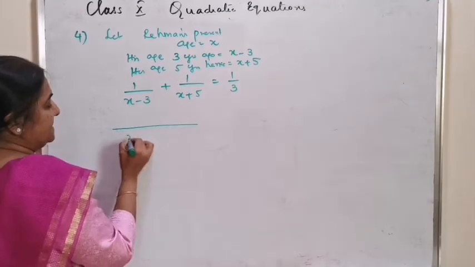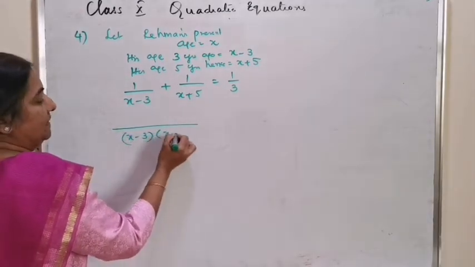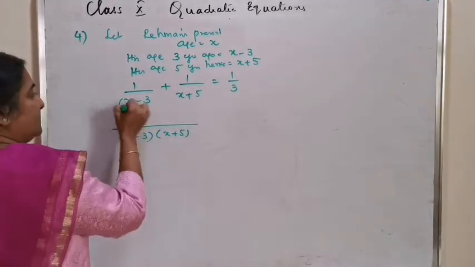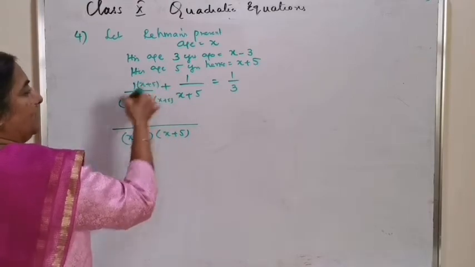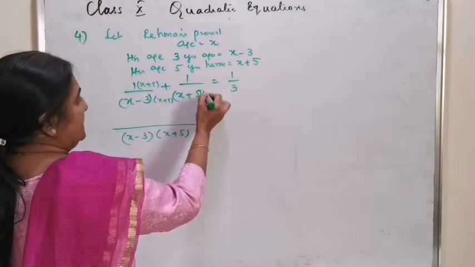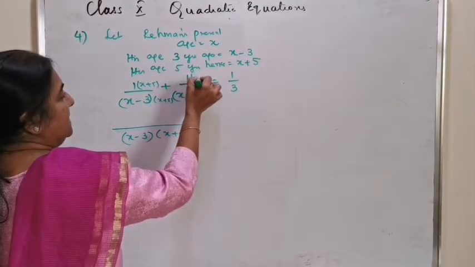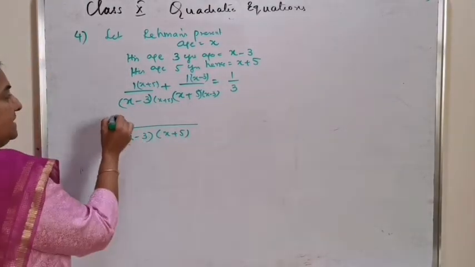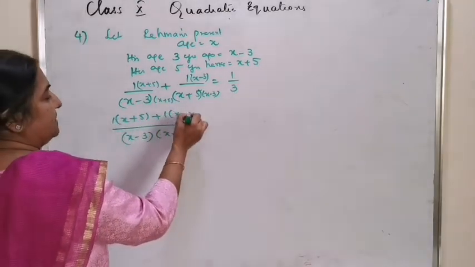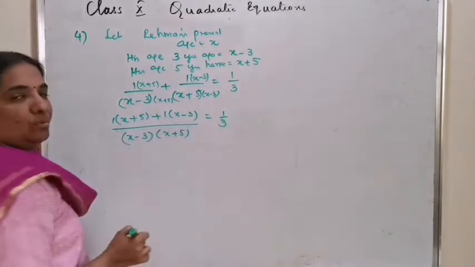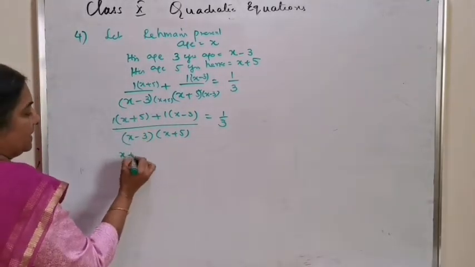The LCM is (x minus 3) into (x plus 5). So this term will be multiplied with x plus 5, so 1 into (x plus 5). This term will be multiplied with x minus 3, or 1 into (x minus 3). 1 into (x plus 5) plus 1 into (x minus 3) is equal to 1 by 3.